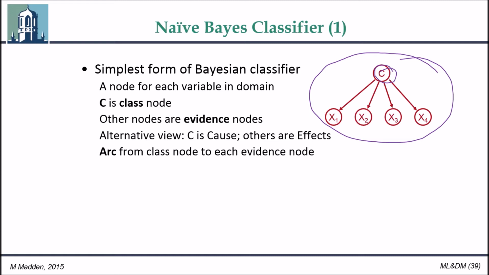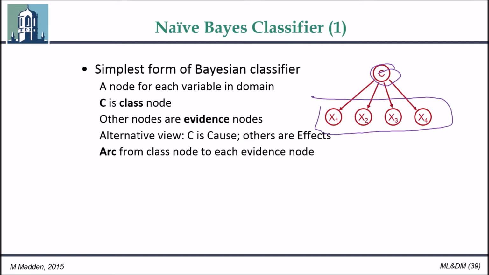So it is influencing everything else, and it is influencing all of these other nodes, which are the evidence nodes. So x1, x2, x3, x4, these are all evidence of the class that we are trying to make a decision about, and we don't directly observe the class, we're trying to infer what the class is. So an alternative way of looking at it is that C is our root cause, and all of these others are the effects.